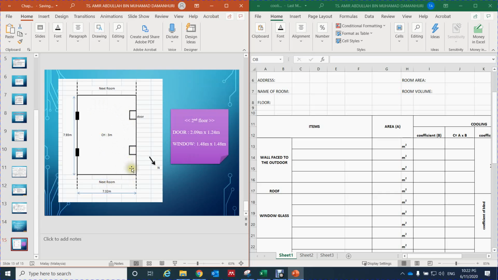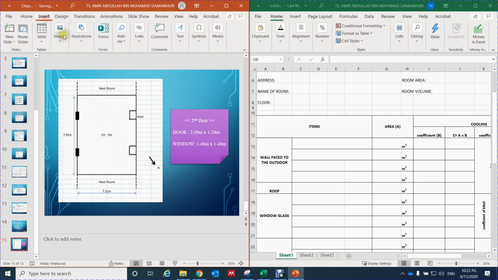Let's look into the plan. The first thing you have to check is the orientation of north, which is on this side. So this is the north side and this is the south side. To make it easier, this area is north-south. This side will be west and this side will be east.